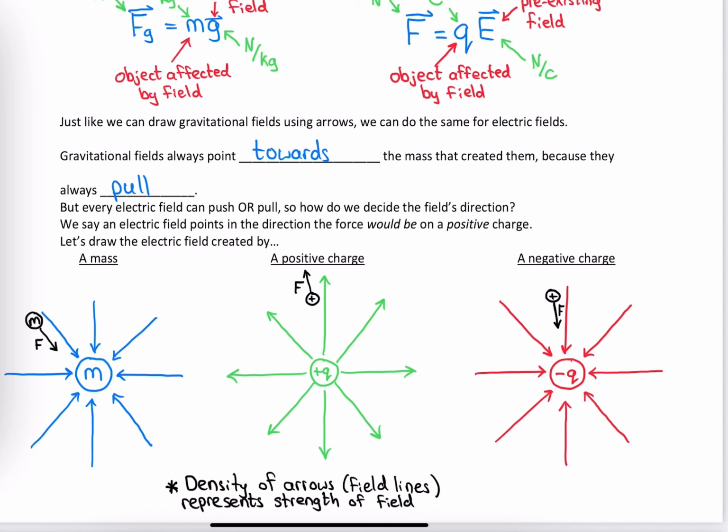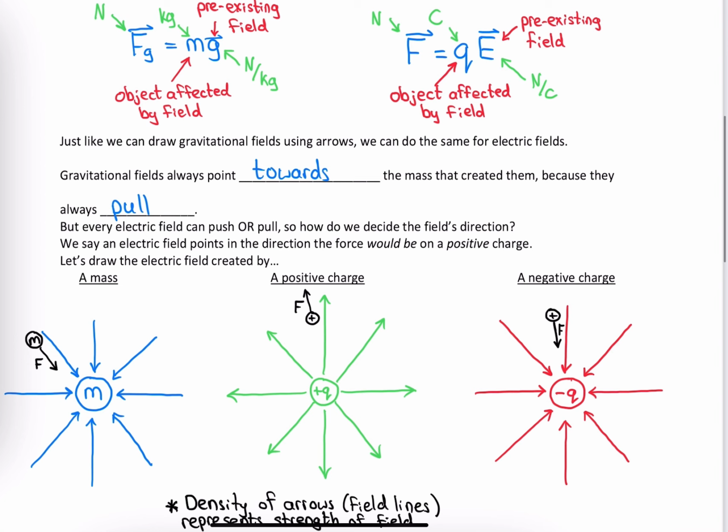In the case of a negative charge creating an electric field, the field points towards the negative charge, which is the direction the force would be on a positive charge within that field. Right, this is positive mass. This is a positive charge. Now, in the case of the field created by a positive charge, the field actually points away from the charge because that's the direction the force would be on a positive charge placed within that field. So the direction of the electric field is the direction the force would be on a positive charge.